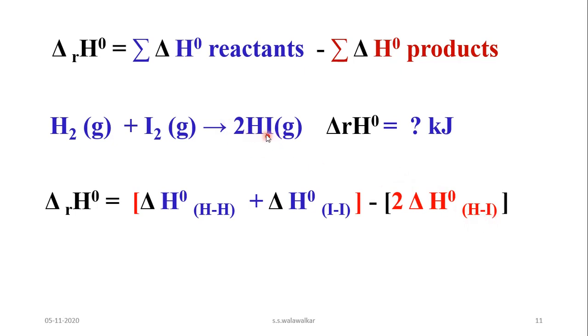Here hydrogen iodide is a diatomic molecule, it contains a single covalent bond between hydrogen and iodine. So 2 into delta H0 of HI. And if you substitute the values of the standard bond enthalpy of HH and standard bond enthalpy of iodine and standard bond enthalpy of HI, you will get the standard enthalpy of reaction using this equation.